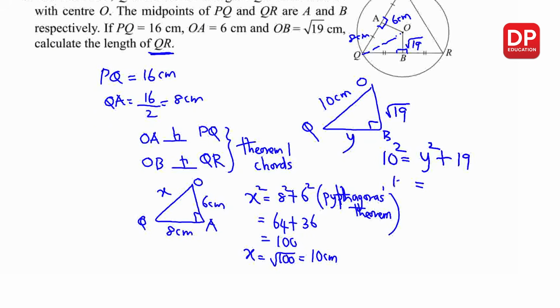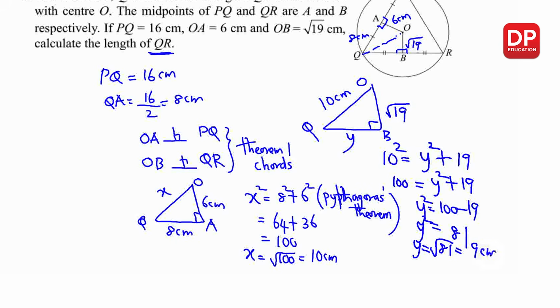So you get 100 here, y squared plus 19. y squared is 100 minus 19. You get 81. So what's the y value? y value is the square root of 81, which is 9 centimeters.